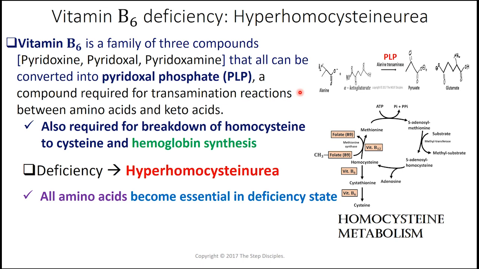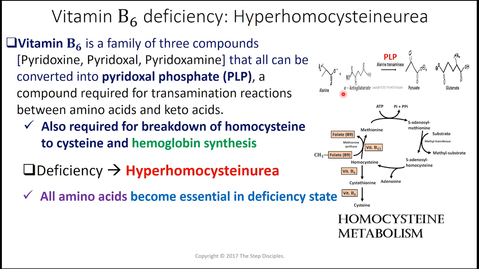It's also important to appreciate that all amino acids become essential in the deficiency state, because the function of PLP is to do these transamination reactions, to interconvert amino acids from one another and from alpha keto acids. If you do not have that function working for you, for example, you can't convert alpha ketoglutarate into glutamate, and you can't convert alanine into pyruvate.